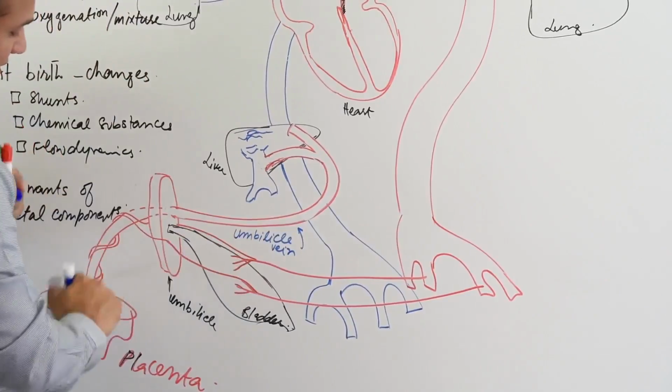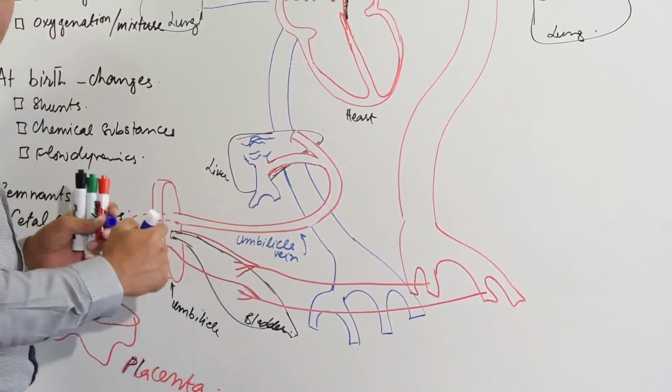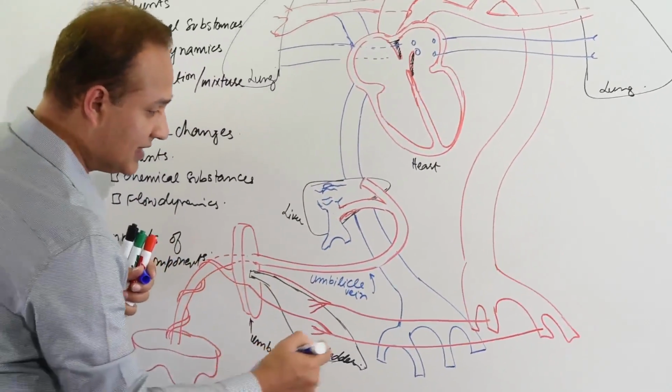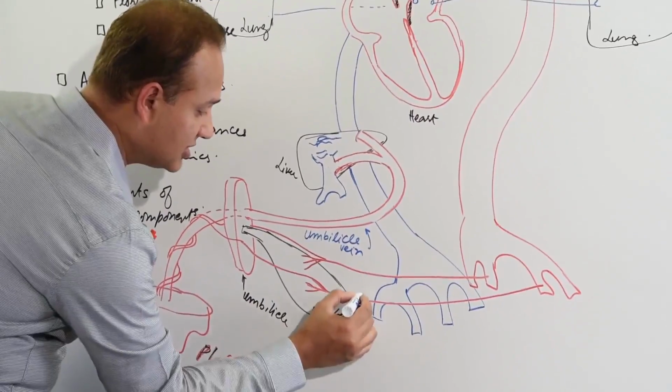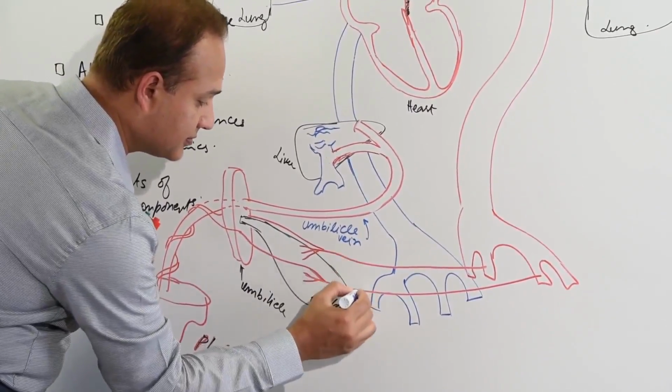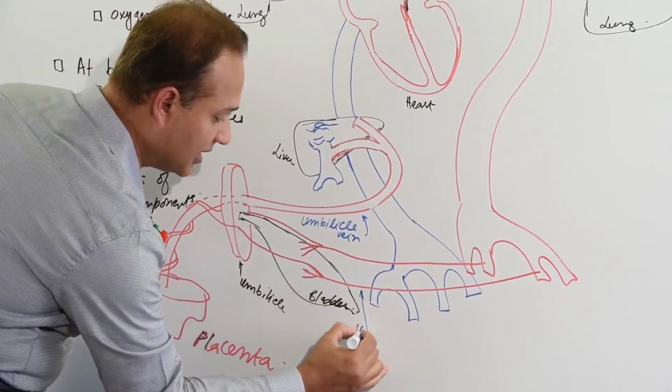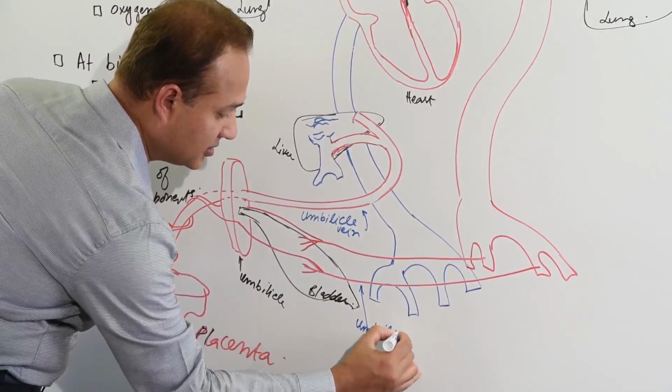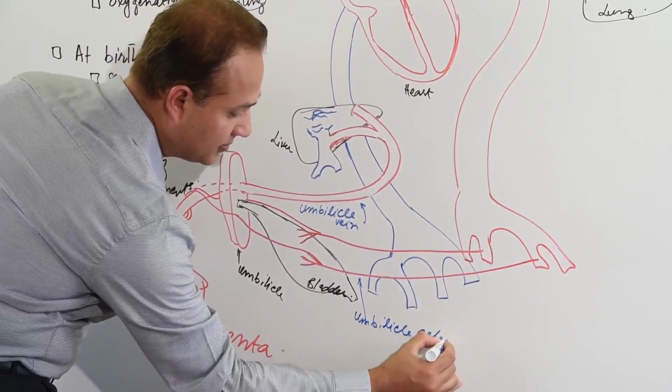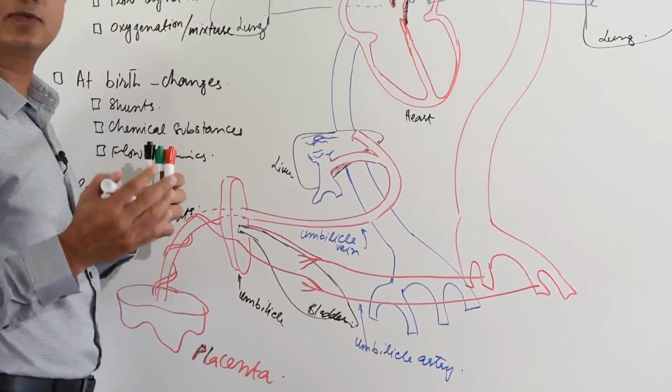This is the umbilical vein coming from the placenta, bringing blood from the placenta. Then there are umbilical arteries. This one is the umbilical artery.